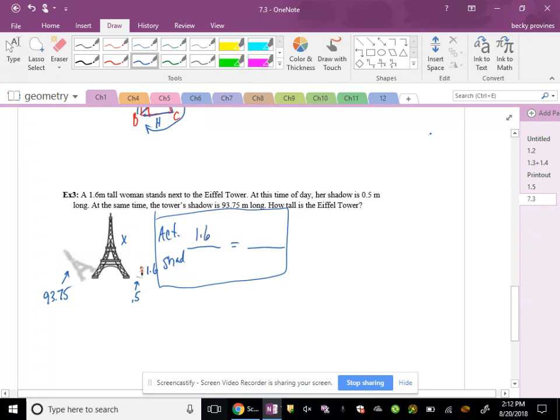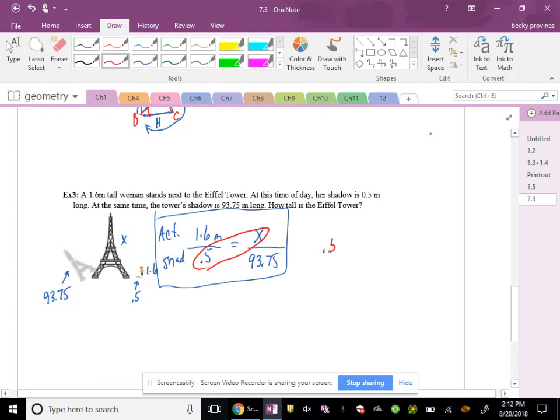That's 1.6 meters. How tall is her shadow? That's 0.5. Okay, so we're going to do the same thing for the tower. The actual height is x, and the shadow height is 93.75. Okay, so now we're going to cross multiply.